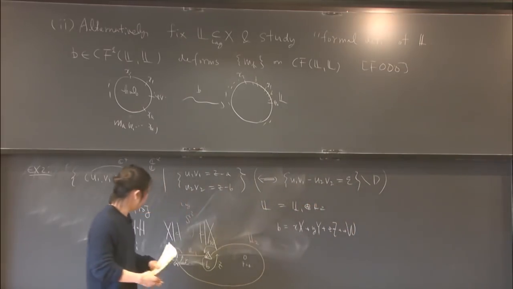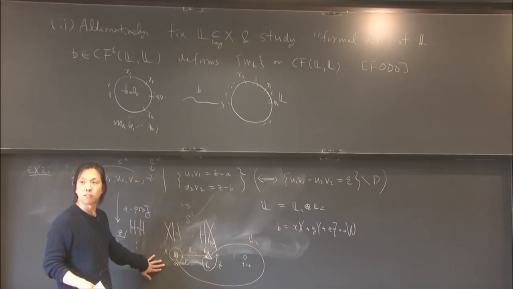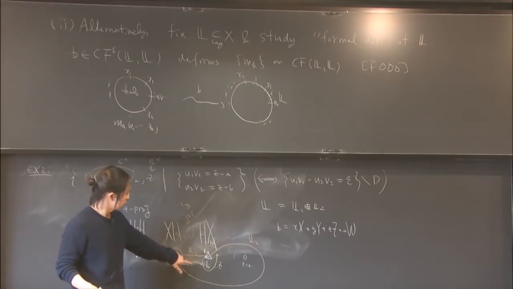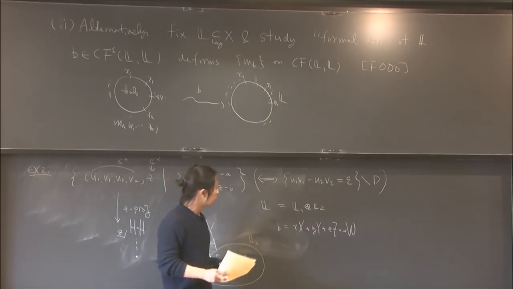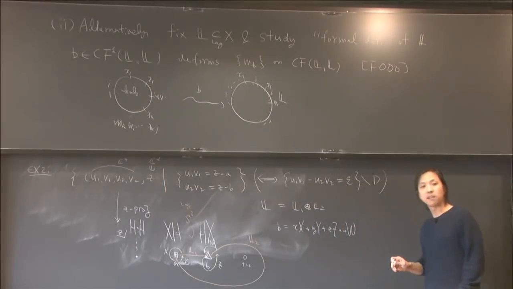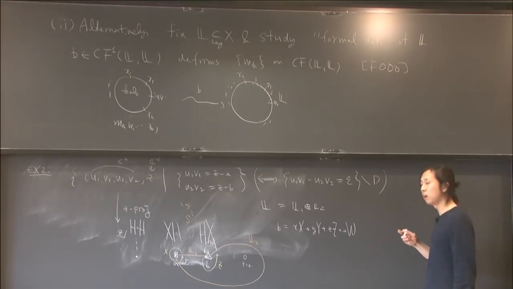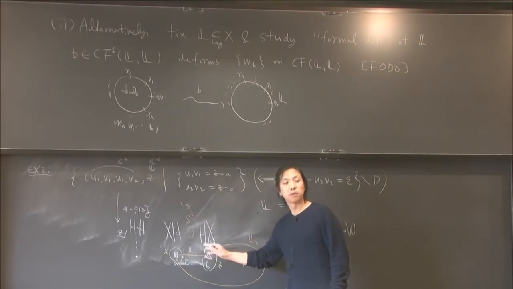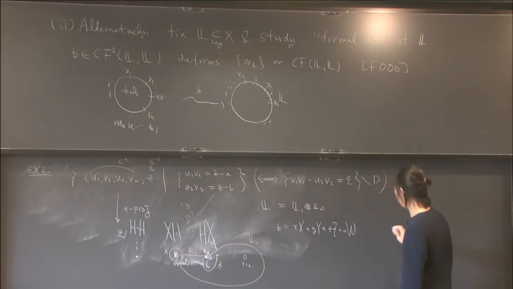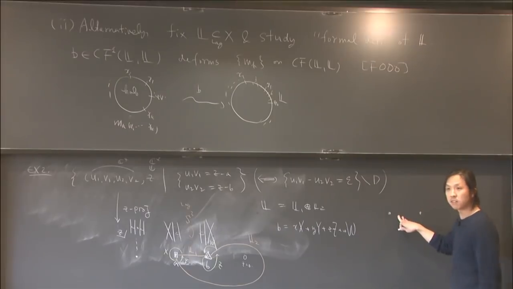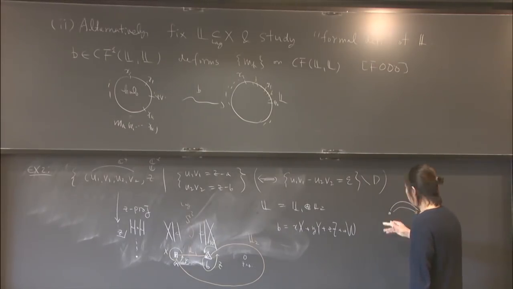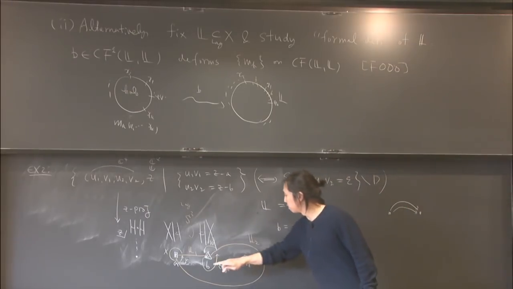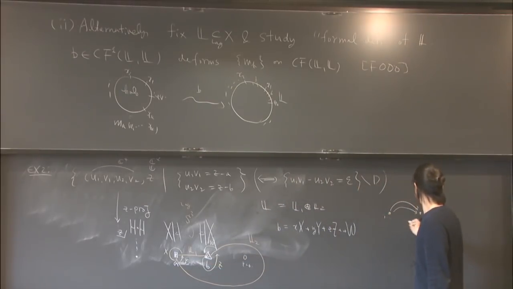But then you need to be slightly more careful in this situation, because I take two different Lagrangians. So this is not really irreducible. In this case, these variables x, y, z, w are taken from a certain quiver that records the composability of my morphisms. So x, y, z, w are actually elements of the path algebra of the following quiver. So you have 2 vertices; maybe this vertex represents L1, and this is L2.